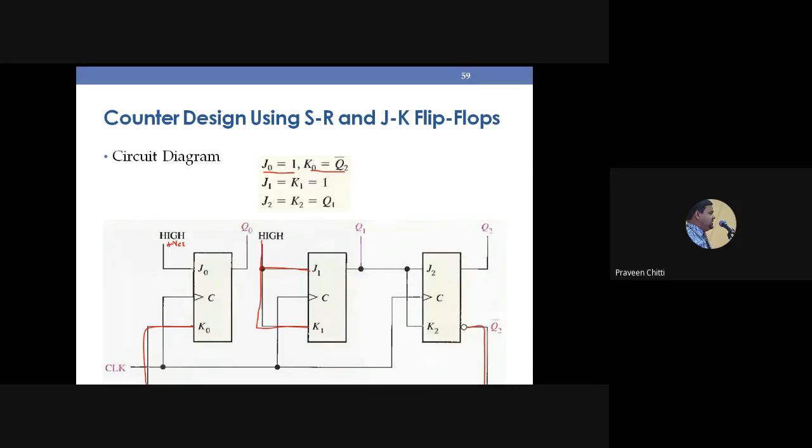J2 and K2 are together, they are connected to the output Q1. So these equations which we have got from the K-map, accordingly we have done the connection, and this gives the design of the random counter using JK flip-flops. I hope all of you understood this. Any doubts here? Is it clear?